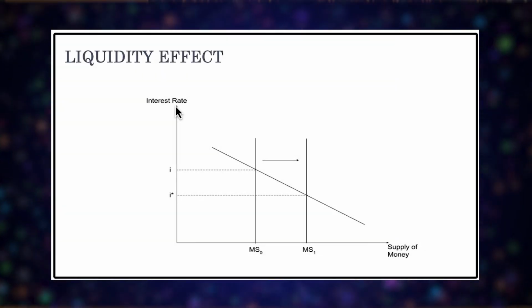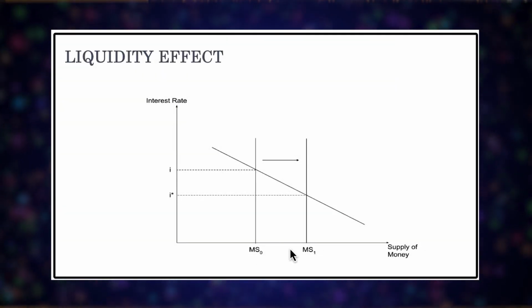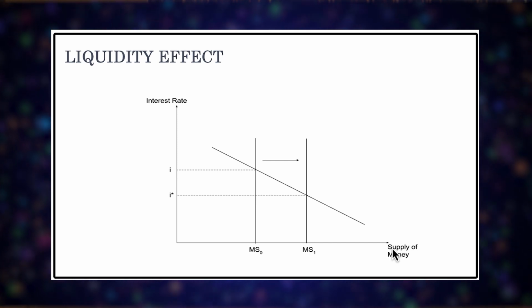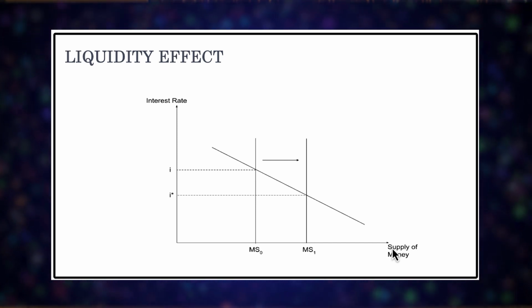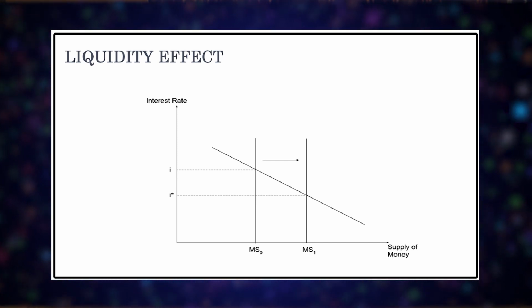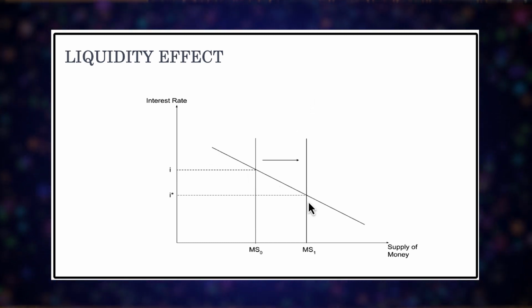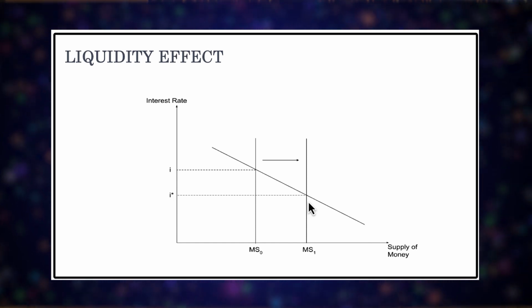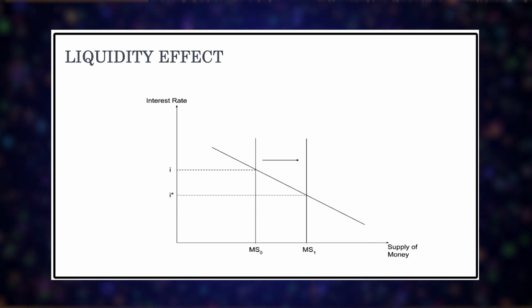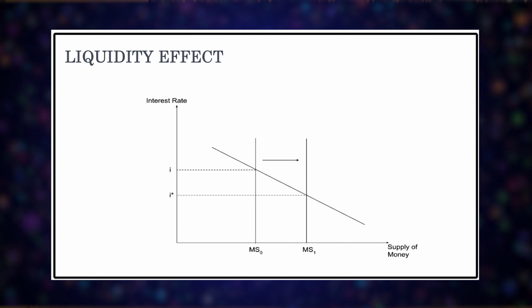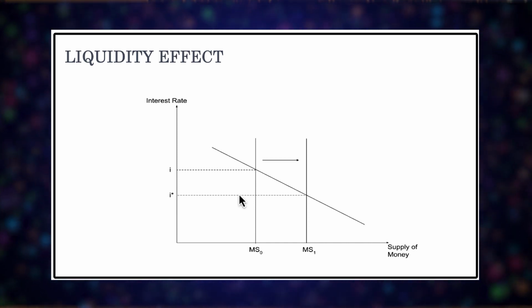So this is the diagram that I was talking about. As I said already, on the vertical axis you will have the interest rate, as you can see in my cursor. The horizontal axis denotes the supply of money, and here this downward sloping line shows us the demand for money schedule. So it's a negatively sloped curve.